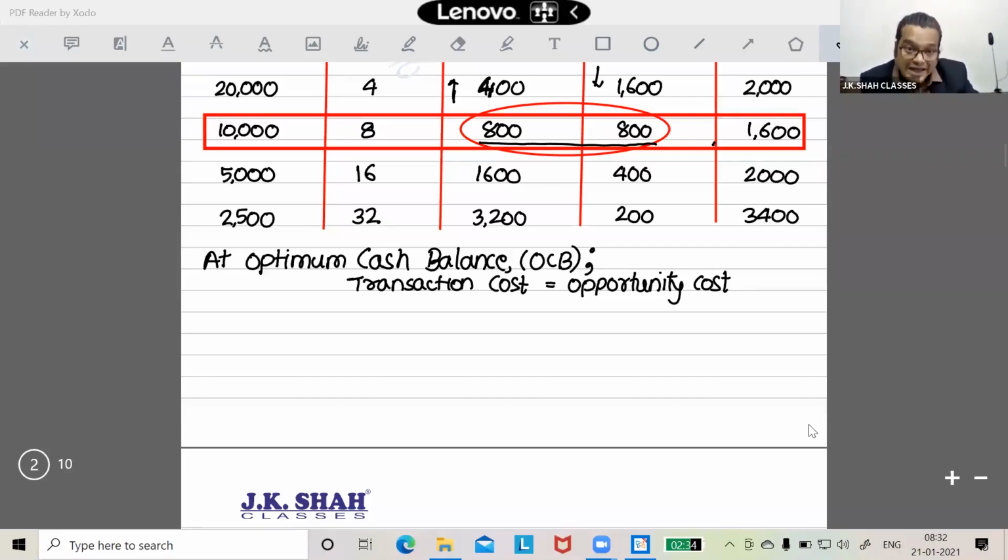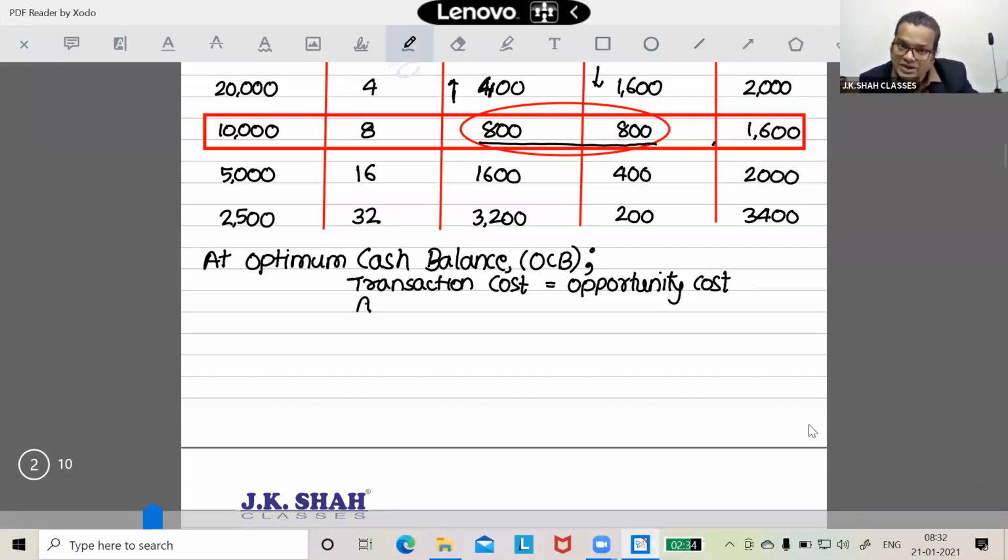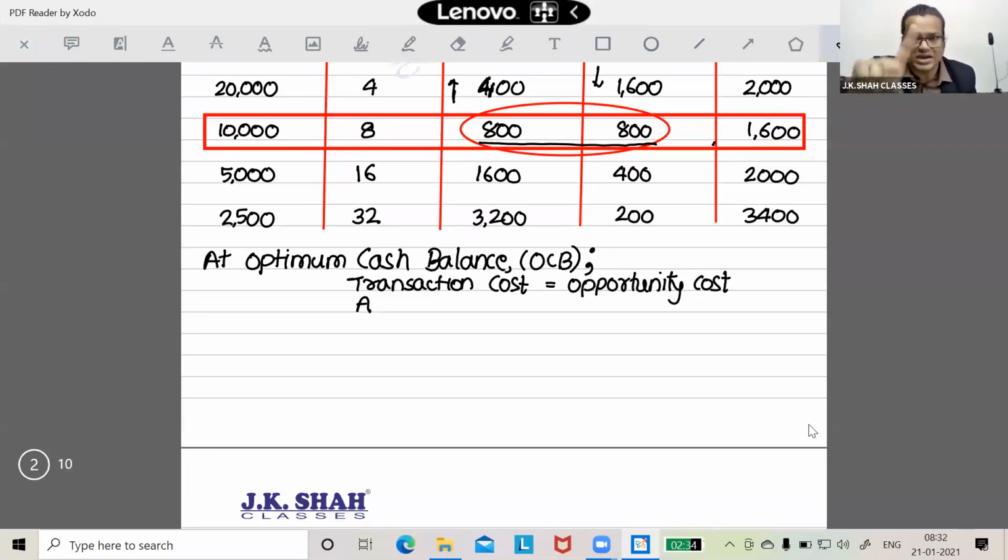Listen to me very carefully. Sir, your annual cash requirement is 80,000. You divided it by the optimum cash balance, 10,000, so you got 8 rounds. And to those 8 rounds, you multiplied the transaction cost per round.